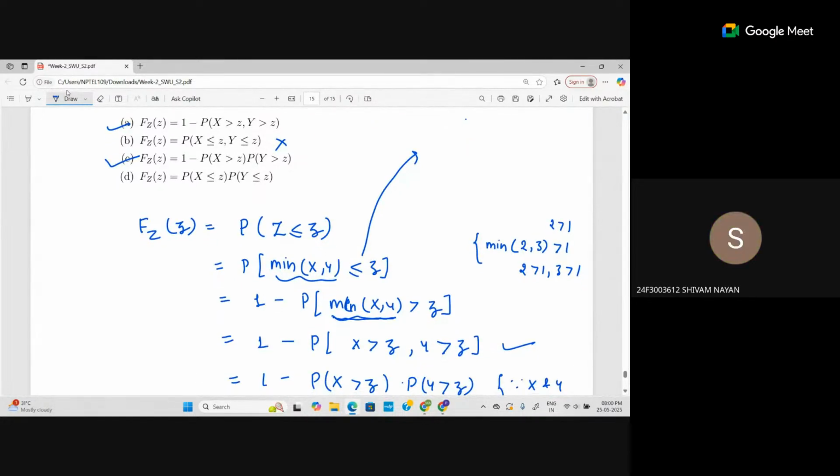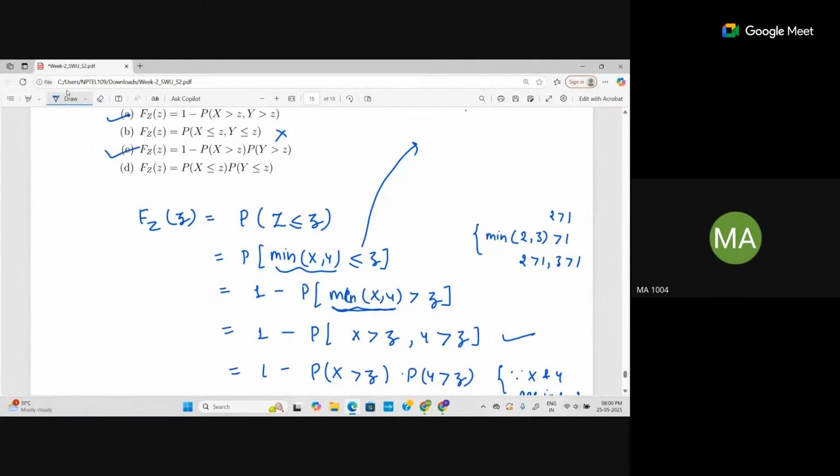We are talking about the discrete case; in week 2 we have studied discrete only. So if you are given a particular value, you can find those cases as we have done for x plus y or any other function.